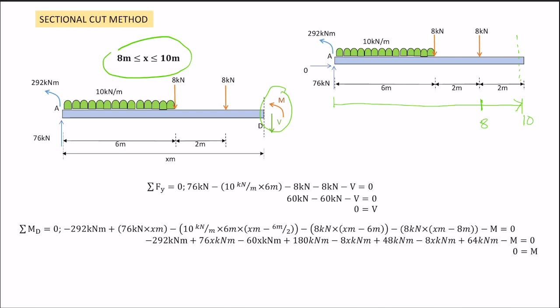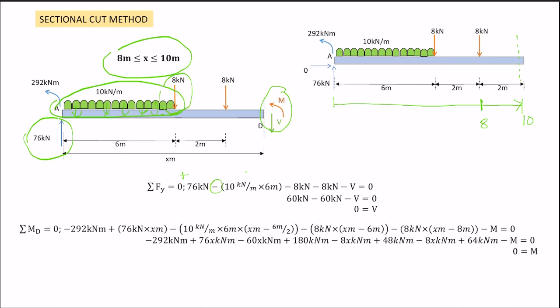So you have one RAY 76 going up, positive. You have 10 kilonewton per meter. This is the UDL, and you have to times with the length of the UDL, baru dia jadi force ya. And UDL dia adalah loading, dia mesti turun ke bawah, that's why dia minus.